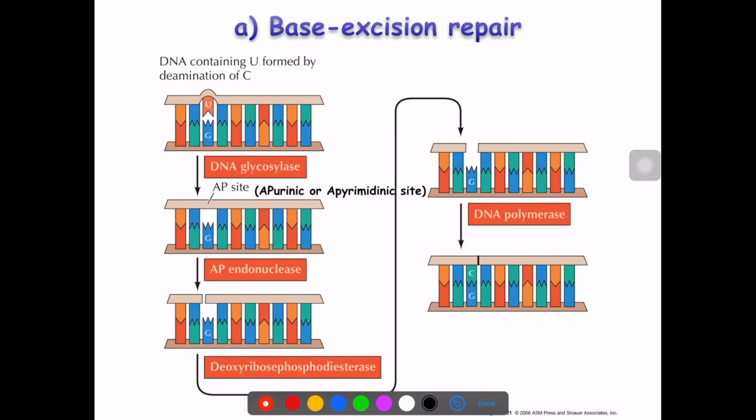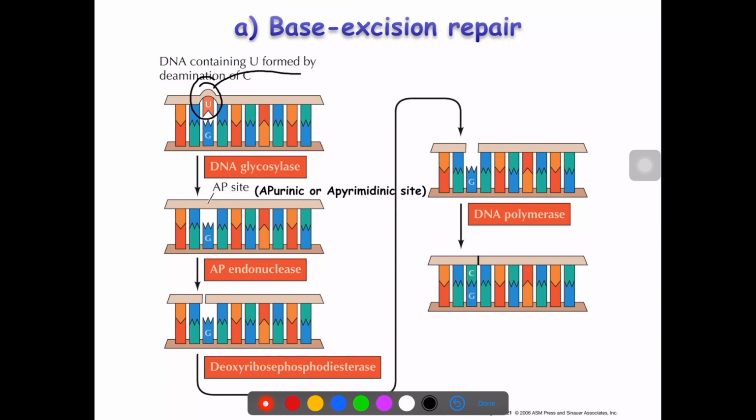All right, so let's go through the mechanism of base excision repair. The first thing that is always required to repair DNA damage is to identify the place where DNA damage has taken place. When it comes to base excision repair, that mechanism typically corrects the presence of uracils in the DNA.